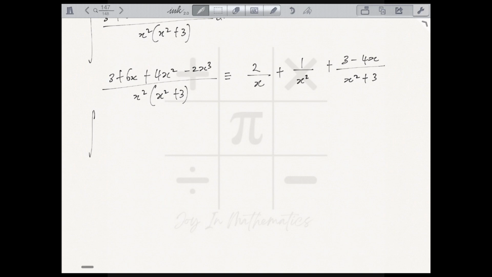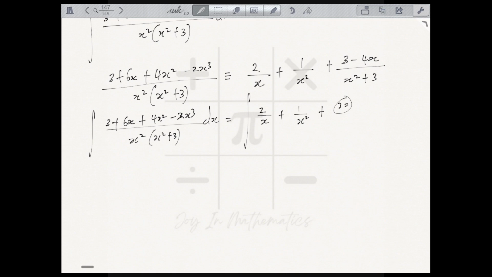And now if we are going to integrate the equation with respect to x, that means we are going to integrate everything here as 2/x + 1/x² + (3 − 4x)/(x² + 3), all with respect to x.